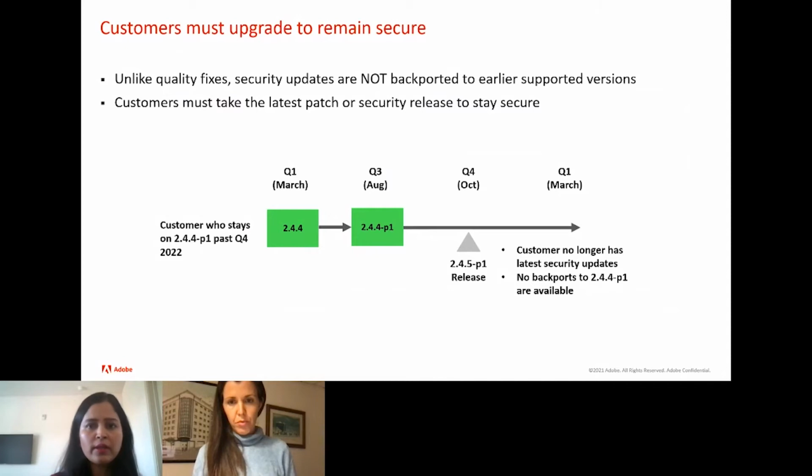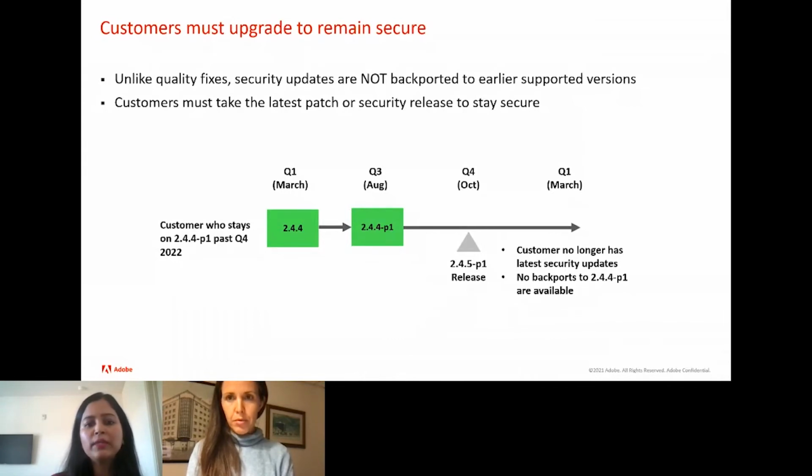Now let's try to understand this with the help of an example. Let's take an example of a customer who adopts our release 2.4.4 in March 2022. Now, when the next release happens in August 2022, the customer takes the security only patch 2.4.4-p1. Now, in Q4, when we release our next security only patch, the customer skips that particular security only patch.